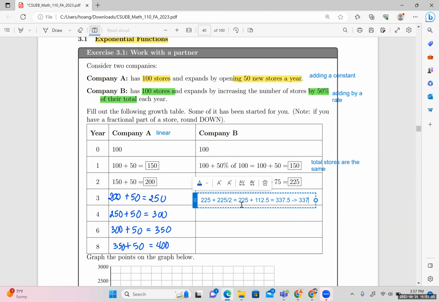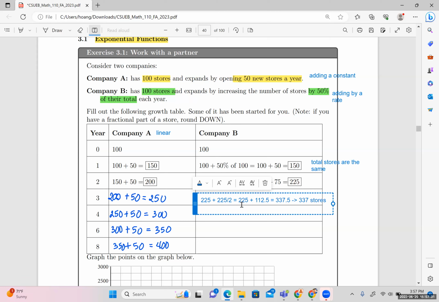I decided to round down because I don't have enough money to make it 338. I have just enough money to open 112 more stores. So that's gonna be 337 stores. Okay.